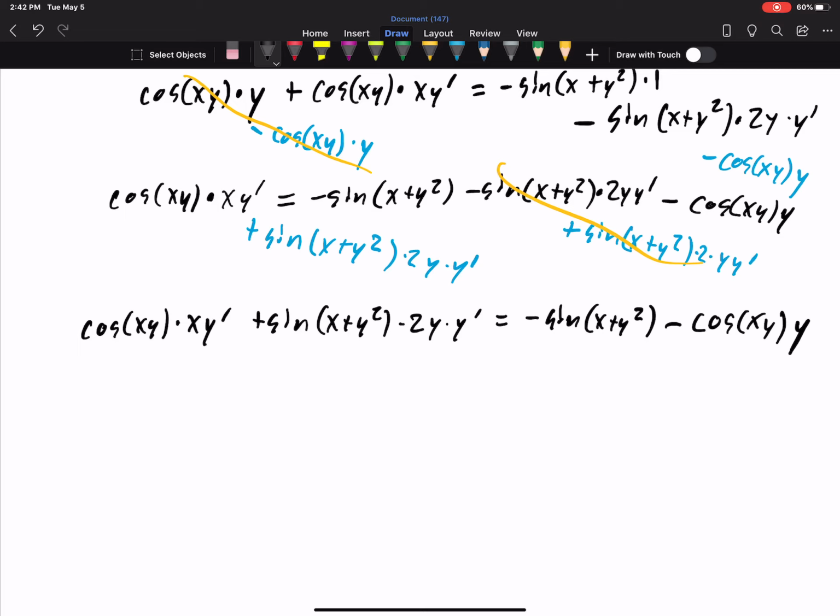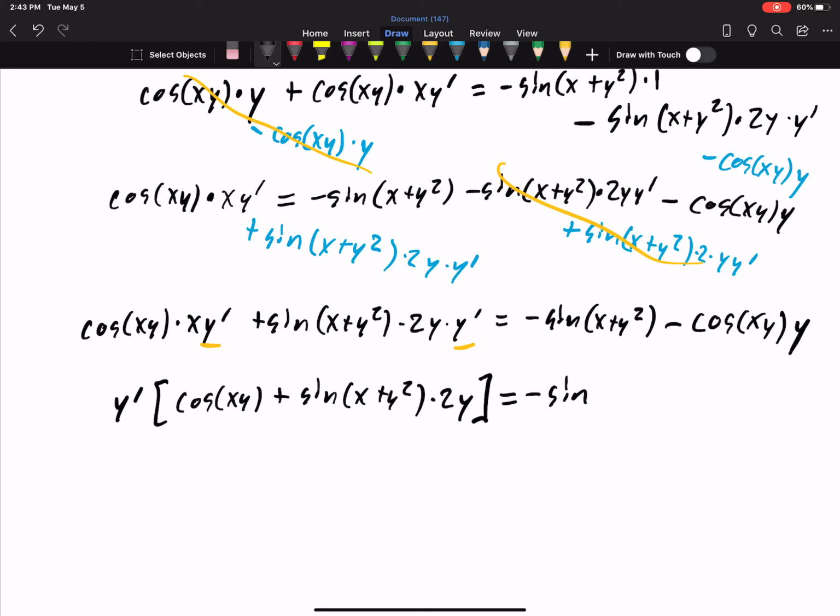All right, so now what we need to do is factor out this y prime on the left, in an effort to get the y prime by itself. So factor that out. We have y prime times cosine xy plus sine of x plus y squared times 2y. And this is equal to the entire right-hand side.